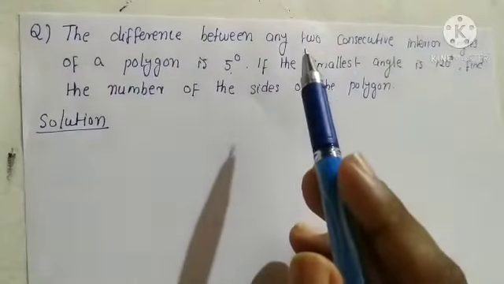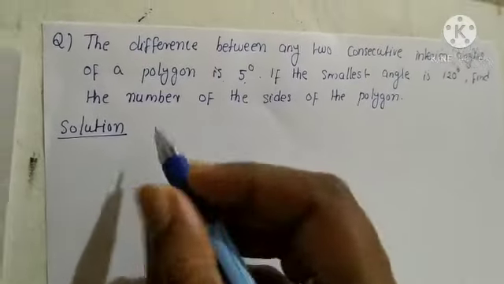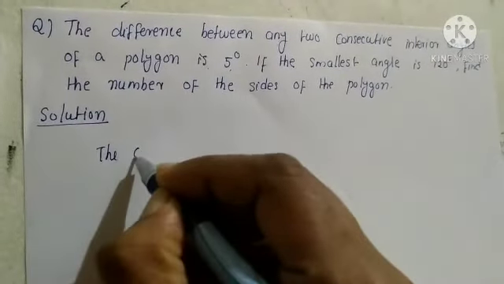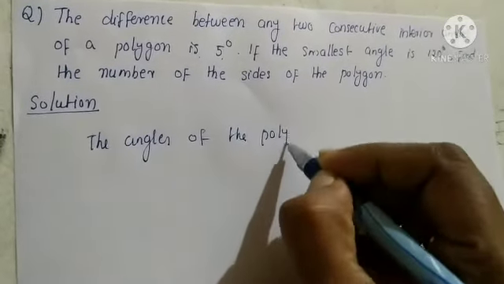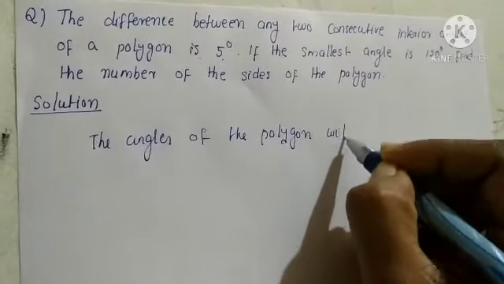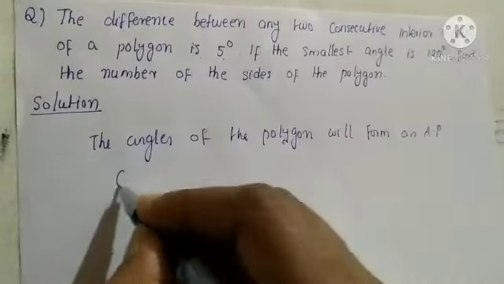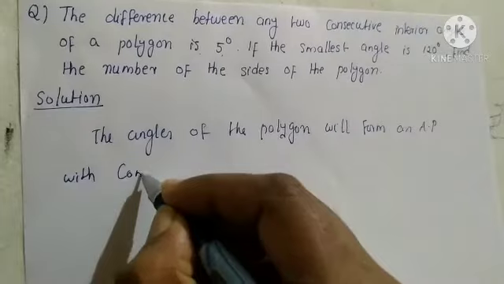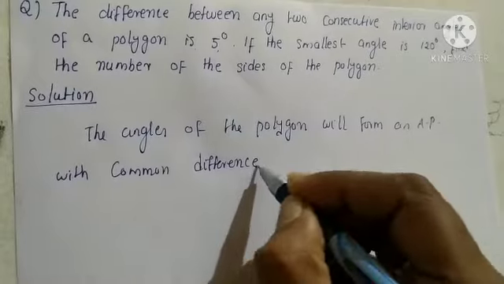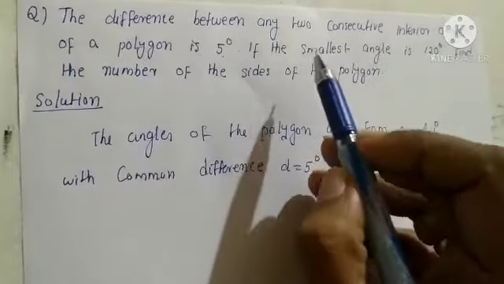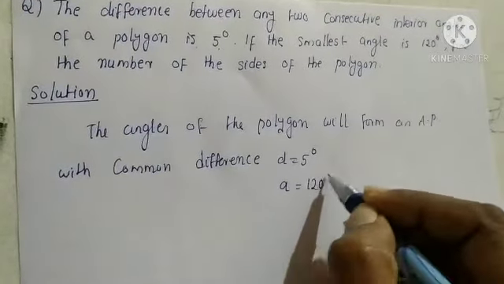So it is clear from this statement that the angles of the polygon will form an AP with the common difference d as 5 degrees, and if the smallest angle is 120 degrees, that means the first term is 120 degrees.